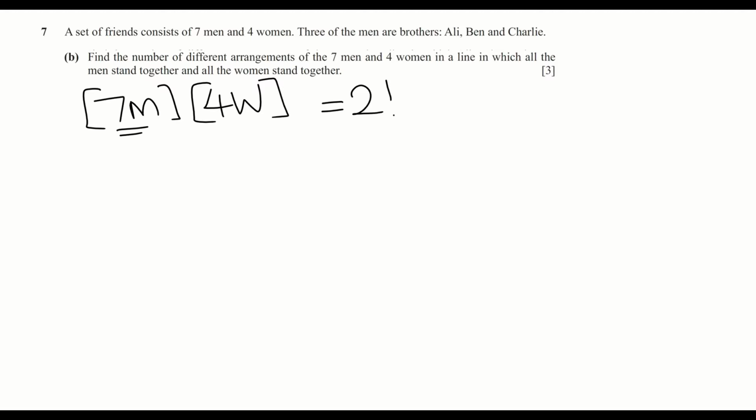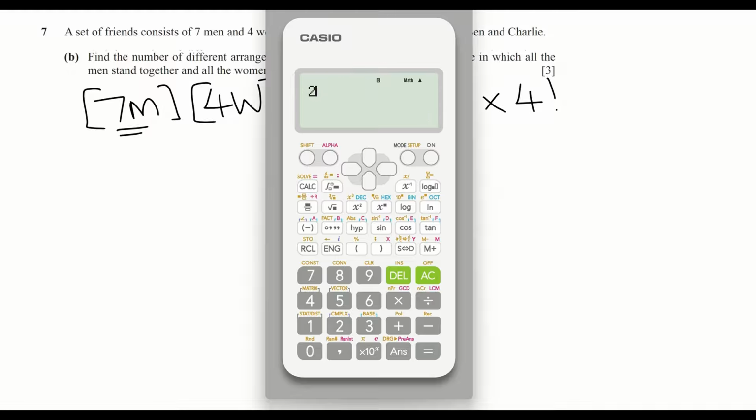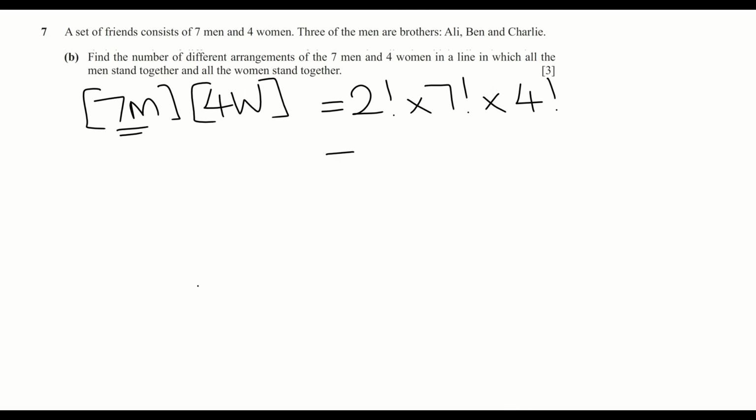So we need to consider the arrangements for these 7 men. So we can multiply by 7 factorial. We have 4 women in the second bracket. So we multiply by 4 factorial. Now I can take my calculator. 2 factorial multiplied by 4 factorial multiplied by 7 factorial is equal to 241,920.